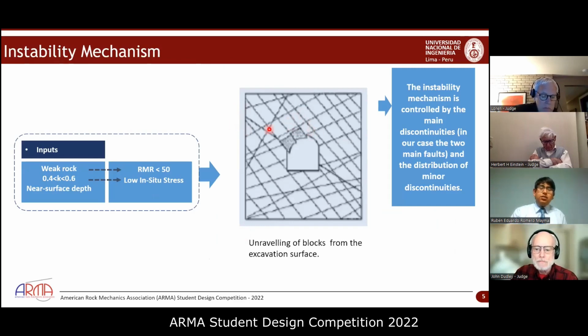We selected this method because we saw in the bibliography that if the rock is weak and the in situ stress is low, the instability would be by unraveling of blocks from the excavation surface. But we assumed that minor discontinuities exist, as in the image, but in the problem we only had the horizontal line, for example.